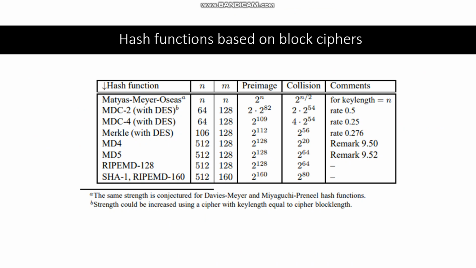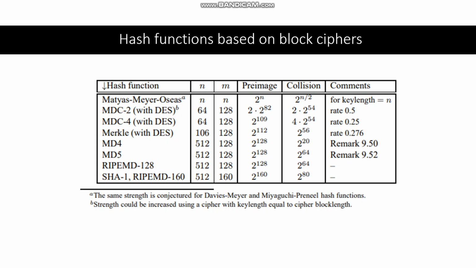In the particular case of block cipher based MDCs, a provably secure scheme of Merkle with rate 0.276 is known but little used, while MDC2 is widely believed to be secure. This MDC2 has rate 0.5 and receives much greater attention in practice.